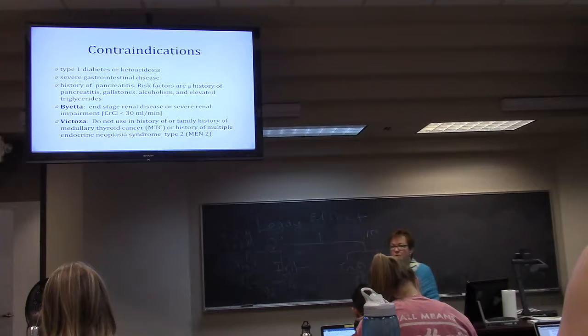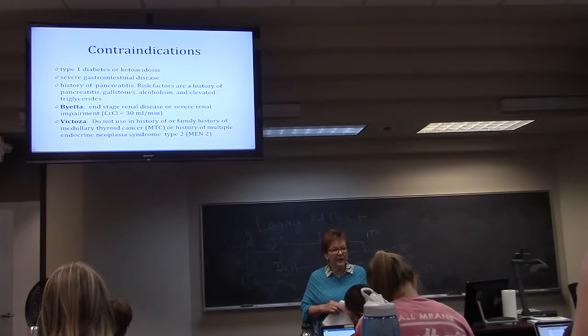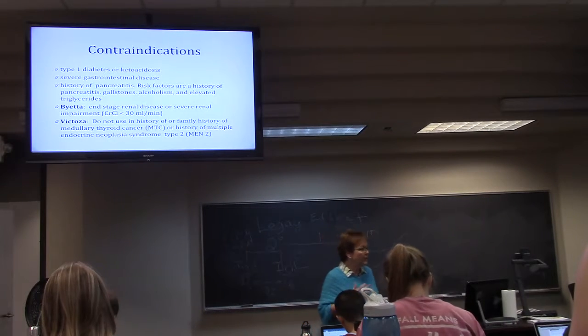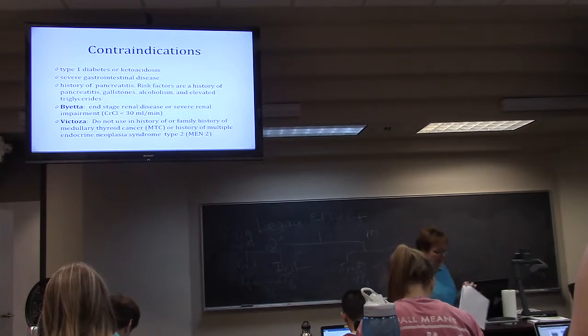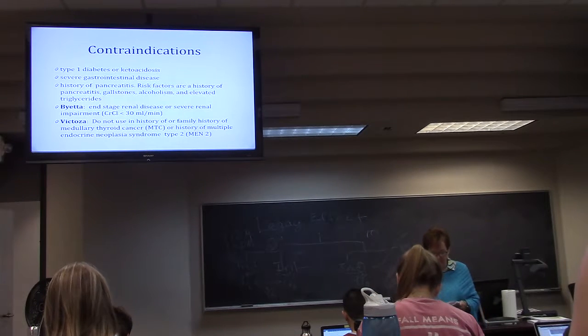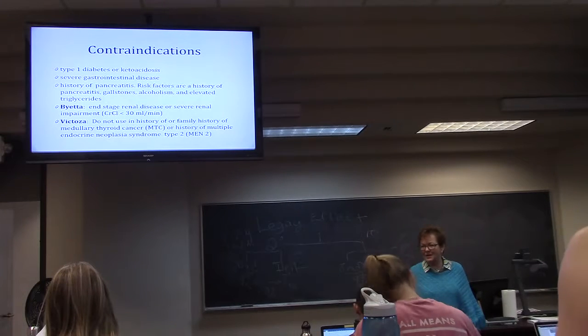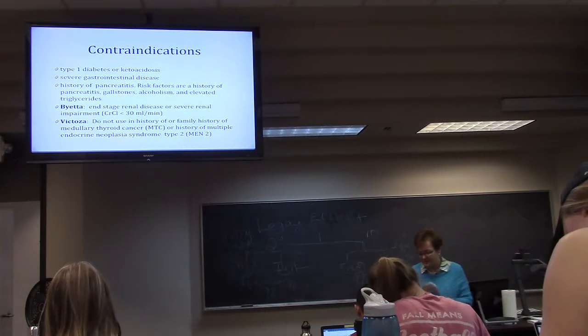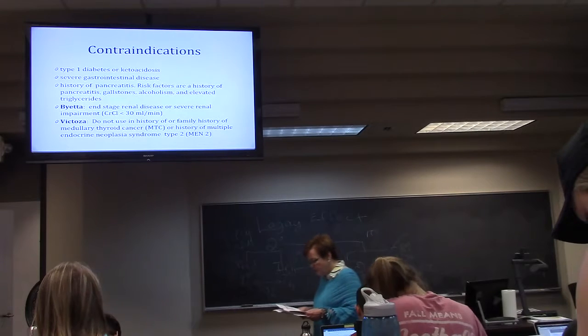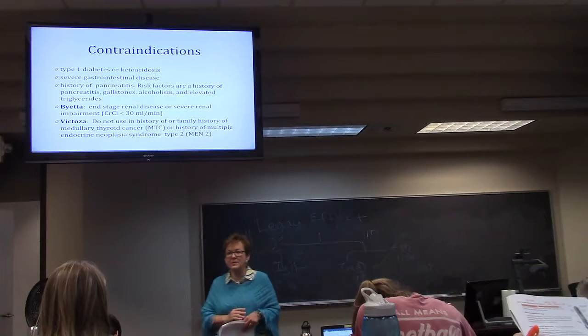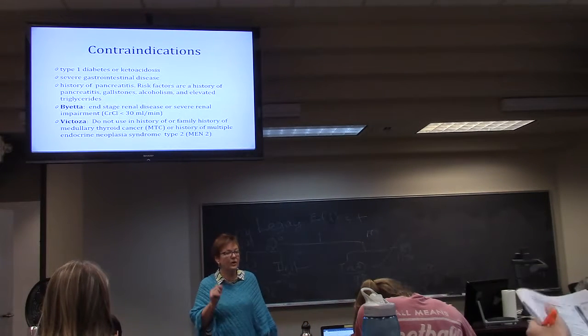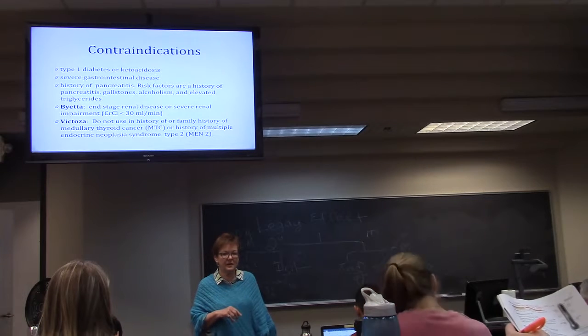So let's talk about who's contraindicated. Number one, type 1s, you would not use it in. Even though they secrete incretin hormones, it is not recommended for type 1s. If they have severe gastric disease, don't put it on them, it will just make them sicker. Don't use in people with a history of pancreatitis. These drugs can cause severe necrotizing pancreatitis.